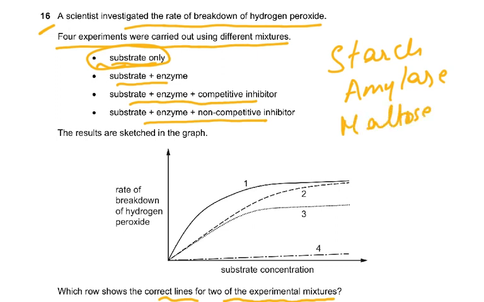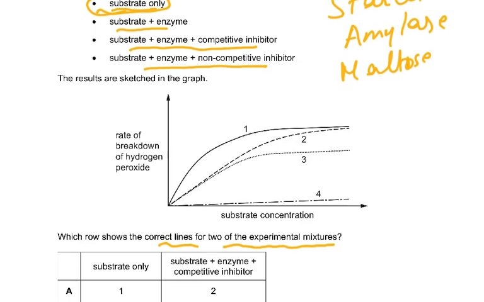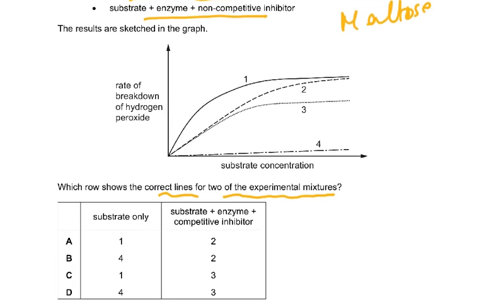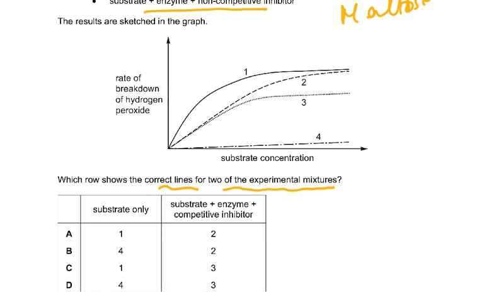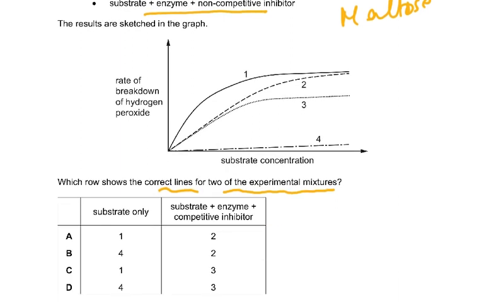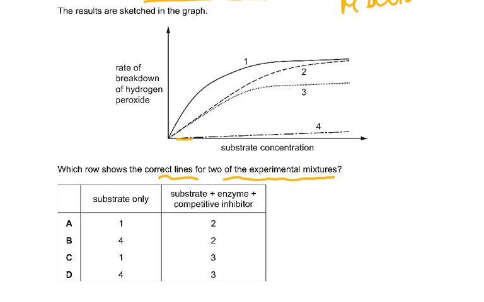So if only starch is present and there is no enzyme, what is going to happen? If it's substrate only, it has to be 4. Why? Because for the rate of breakdown of hydrogen peroxide, it just breaks down by itself, maybe a little bit. So the only answers could have been 4.